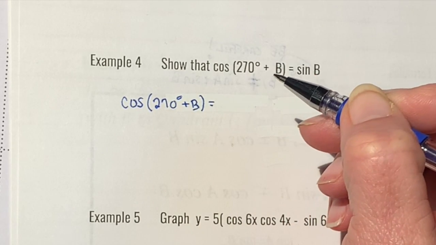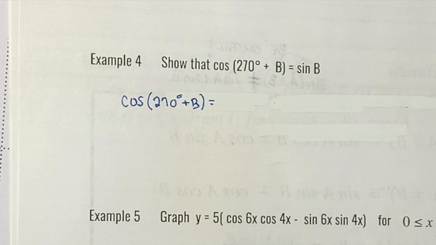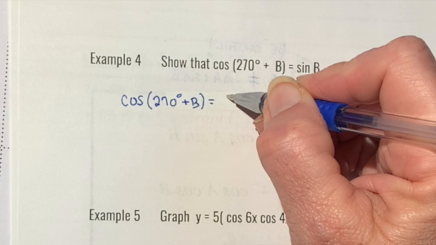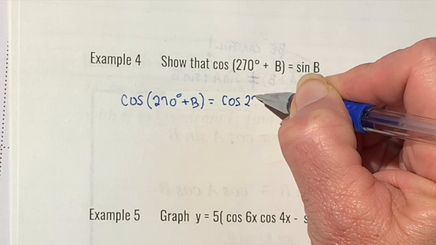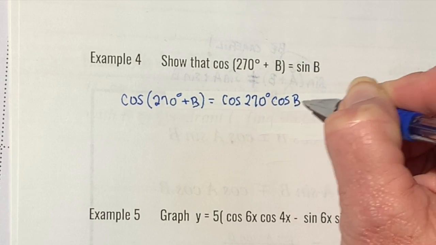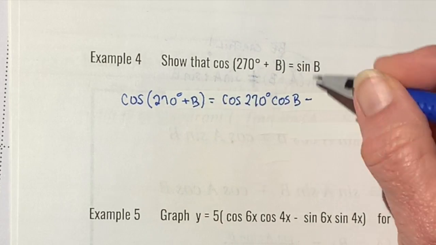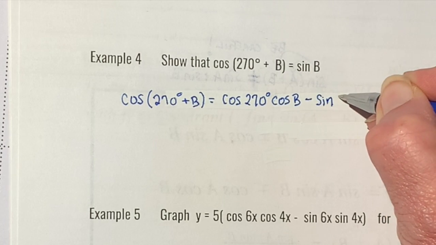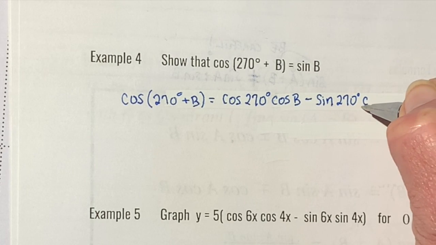Cosine of a sum is equivalent to cosine of A, cosine of B, sum here, so difference here, sine of A sine of B.